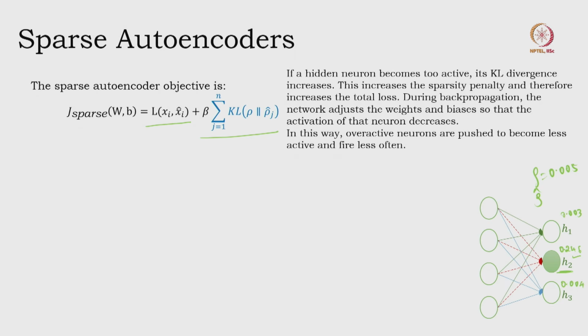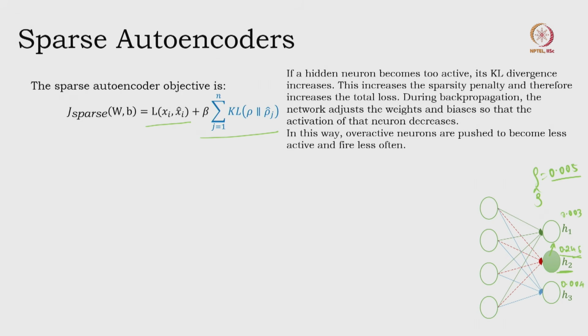So what does the sparse autoencoder ensure? It gives more penalty. How does it give more penalty? KL divergence automatically increases. Why does it increase? When it compares this with this, definitely the value increases. When the value increases, is it not the penalty that increases?